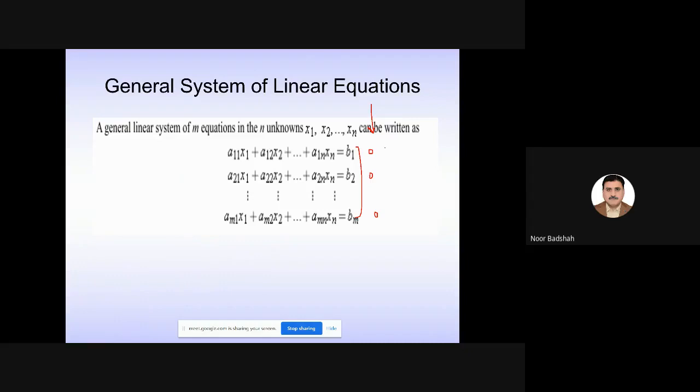Whereas if one of them is not 0, suppose this is 1 and the rest are 0, it doesn't matter, it could be anything, then it becomes a non-homogeneous system of equations. If all bi's are 0, it will be homogeneous. If at least one bi is non-zero, it will be non-homogeneous.